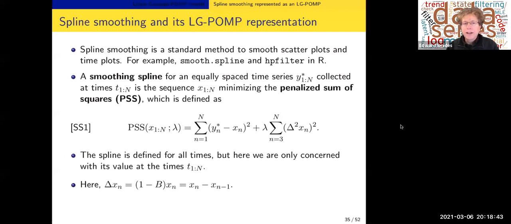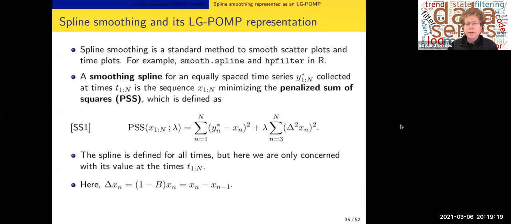At the other end, if lambda is infinity, then the spline will have to be chosen to have 0 penalty term, in which case you'll need the second difference of the spline to be 0. And the solution to that is to have the spline as a straight line. x_n is alpha plus beta n, in which case delta squared of alpha plus beta n is 0. And so the spline problem is just the least squares straight line.